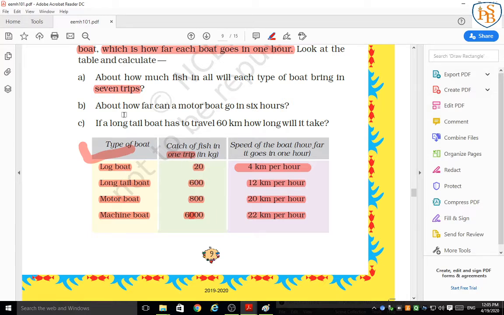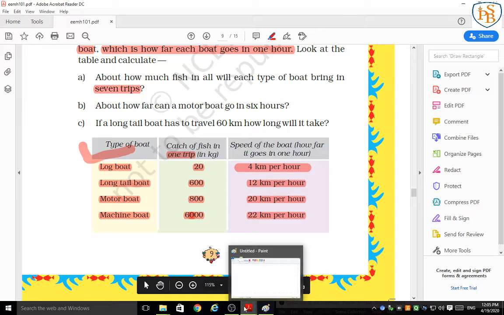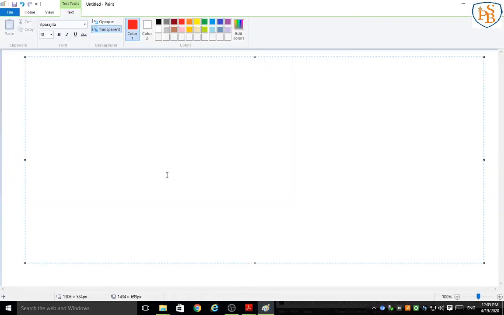So first example, first we'll take the type of boat log boat. Log boat collects 20 kg in one trip. So how much will it collect in 7 trips? How can you solve, students? Yes, I will show you one example. Suppose first is log boat, correct?